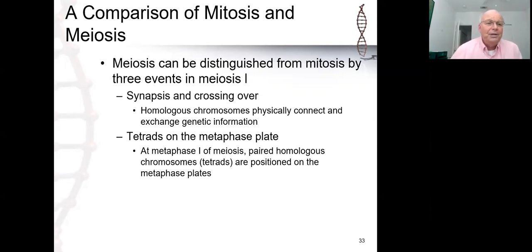So a tetrad simply refers to the fact that there are 4 chromatids, the 2 sister chromatids of each chromosome, making up 4 chromatids within this structure. And that's the origin of the term tetrad. And that's what lines up on the metaphase plate. Now, you can't see the random arrangement of that lineup, but you can certainly see them lining up on the metaphase plate in a light microscope.